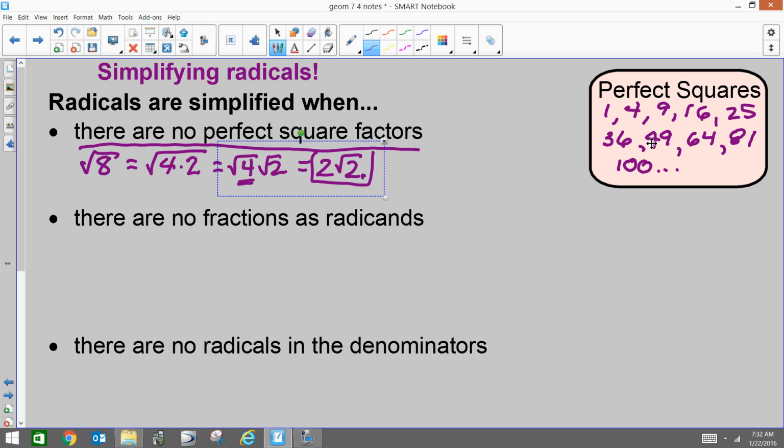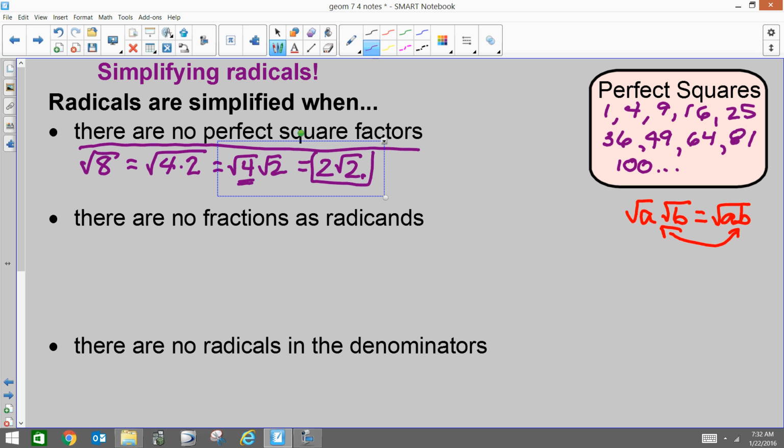There's a basic premise here that radical A times radical B is radical AB. You can go either way with this. You can split it up and factor it like this, or you can multiply it together and put it like that. That's your basic premise.